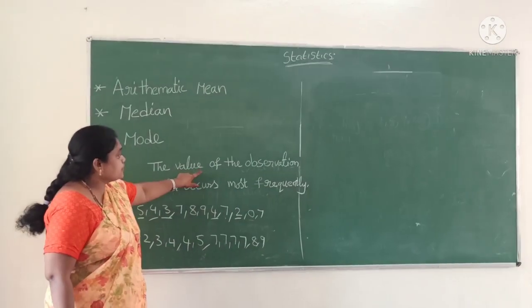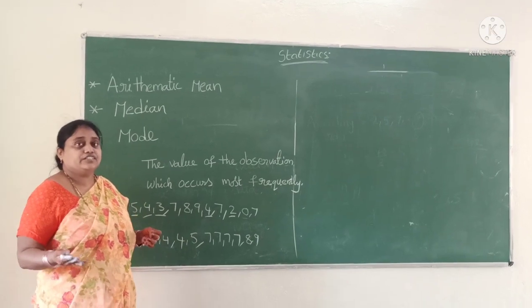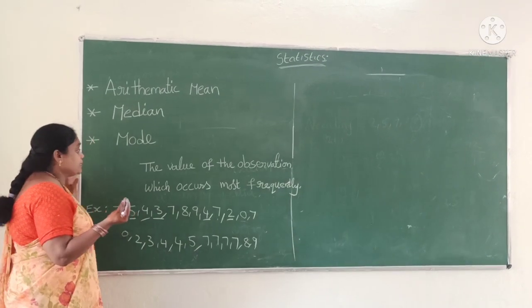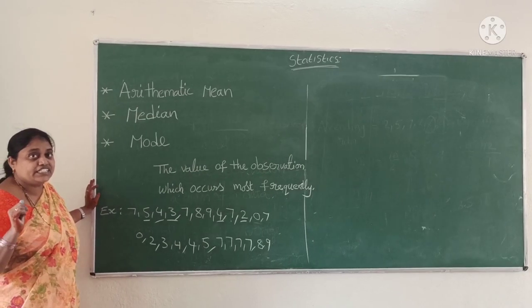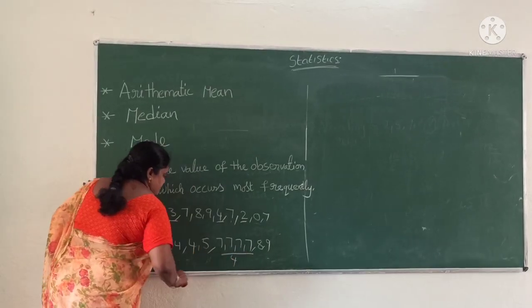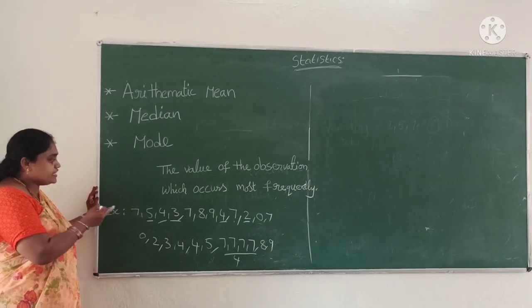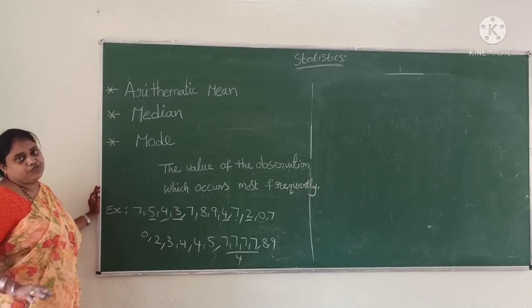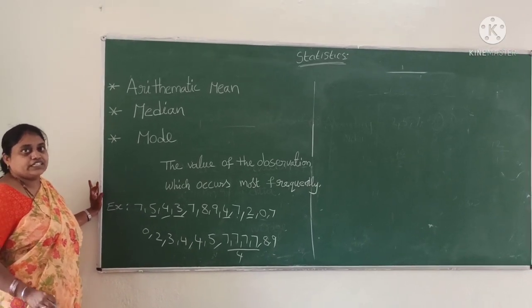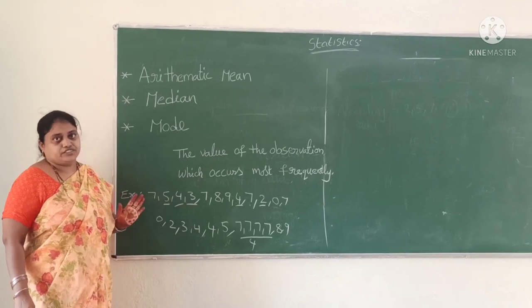The value of the observation which occurs most frequently. Which value comes most frequently? Yes, 7. 7 comes 4 times. So, the mode of this raw data is 7.